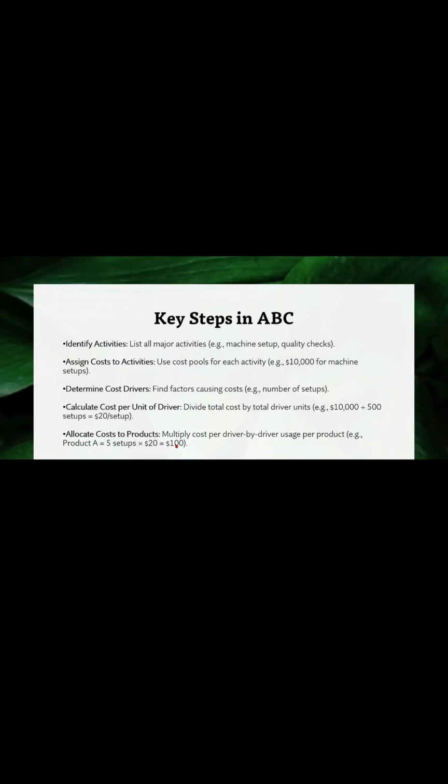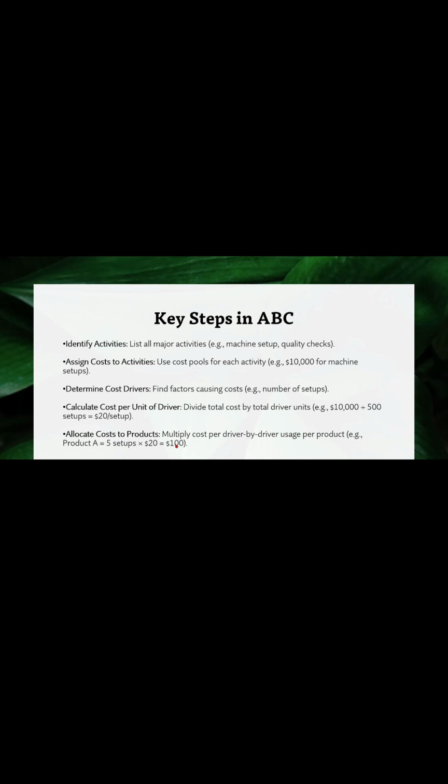Okay, so now in ABC what will we do? First step is to identify the activities. So simply list down all those activities that are creating the cost, that are increasing your cost. Like it could be machine setup, quality check.